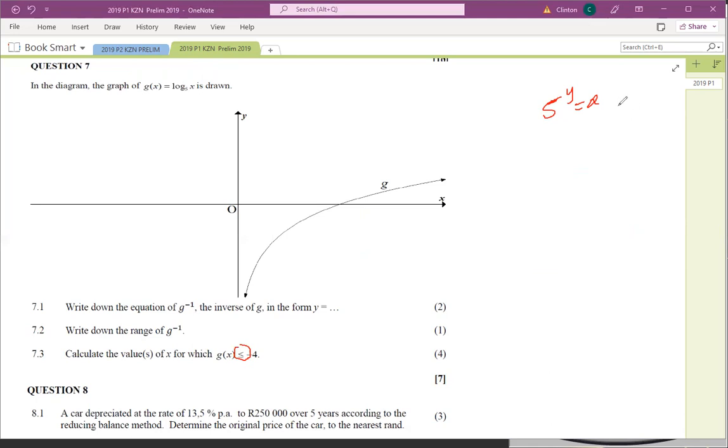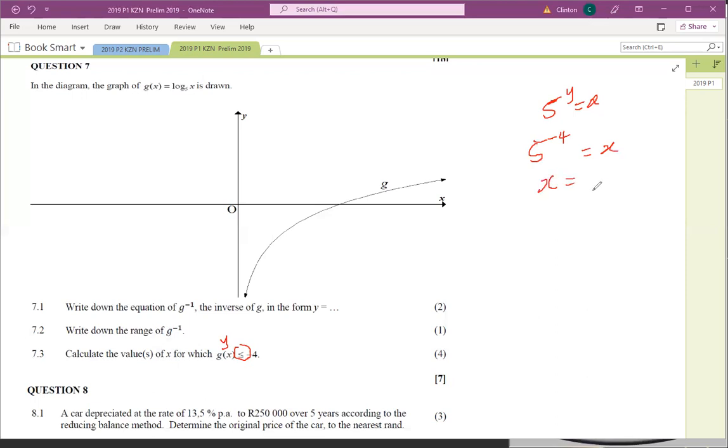Actually, my mistake, the graph is already sketched, so I'm sorted. I just need to find, remember this is a y value, they need a y value that is less than or equal to -4. So we'll just substitute -4 there. I have 5 to the -4 equals x.